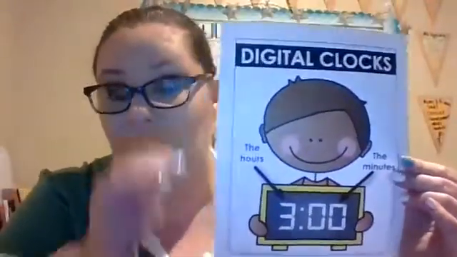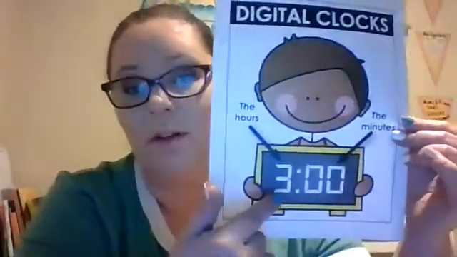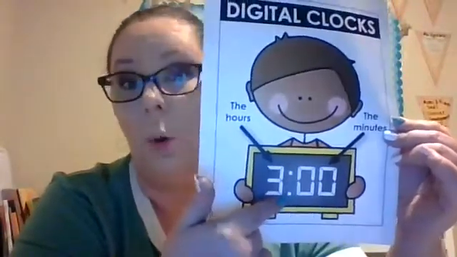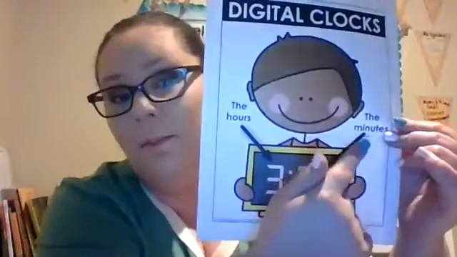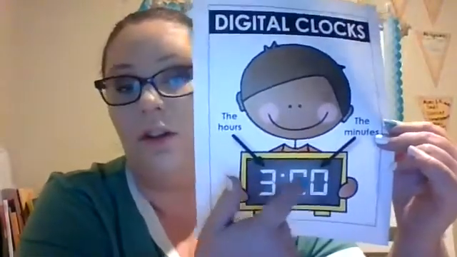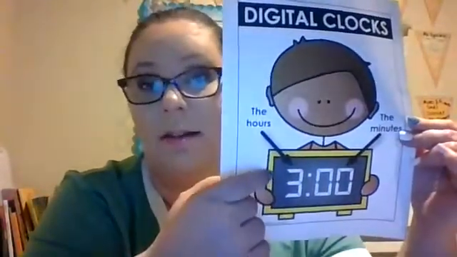Okay, so one of them is our digital clocks. Digital clocks show the numbers. The hours are going to be on the left side of these 2 dots that are called the colon, and the minutes, how many minutes past the hour, are going to show on the right side of the colon. So these are digital clocks. Where could you see digital clocks?